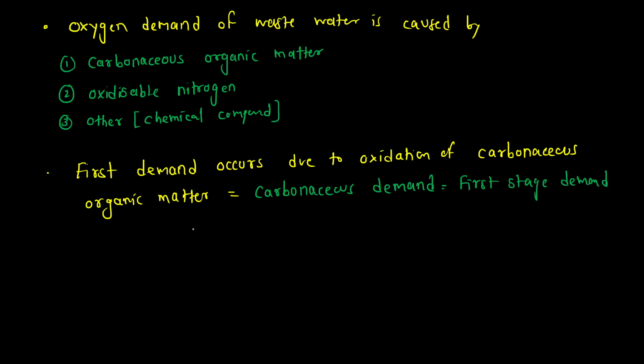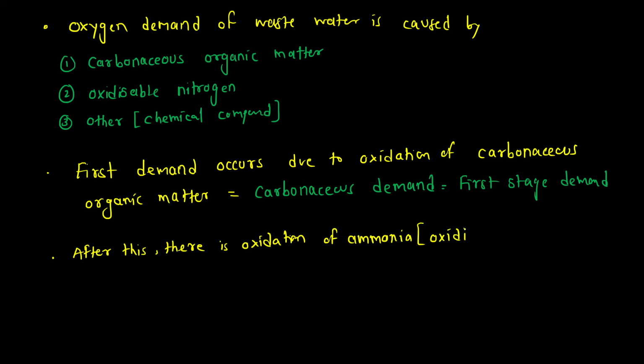So initially the first oxygen is used for oxidizing the carbonaceous organic matter. Once the oxidation of carbonaceous organic matter is completed, after this there is oxidation of ammonia, that is nothing but oxidizable nitrogen.